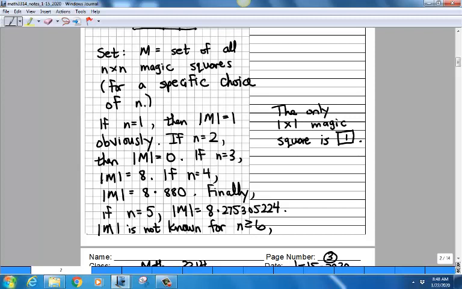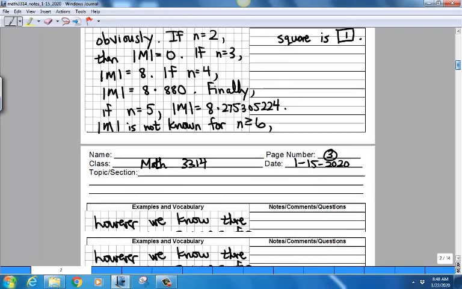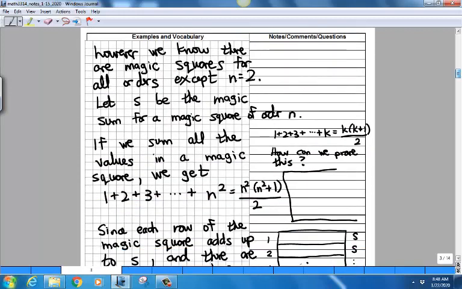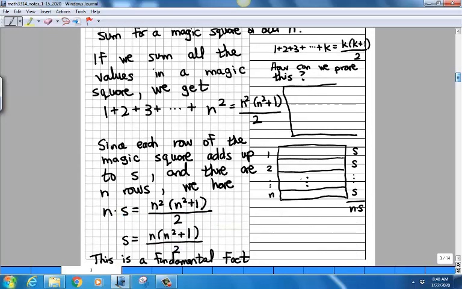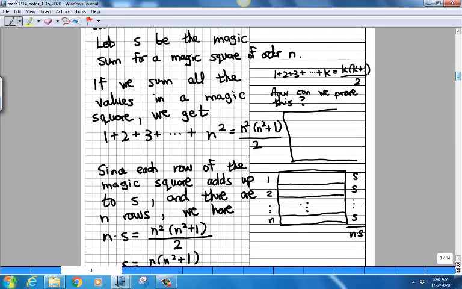Now, usually the fundamental idea you can use to discover things about the size of that set M, all magic squares of a particular order, is to notice that the magic sum is fixed.